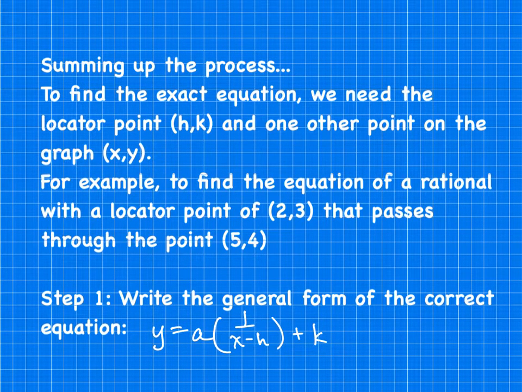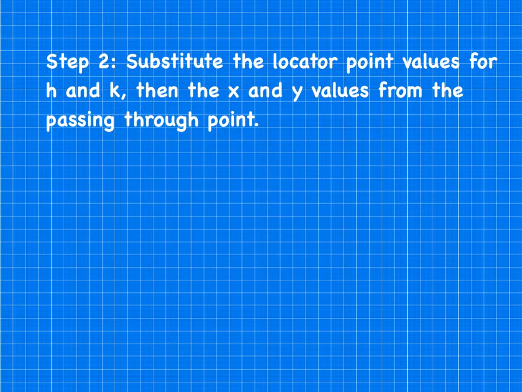Now, keep in mind, we've got a locator point of 2, 3 and a passing through point of 5, 4. That gives us our h and k and our x and y. So we substitute those points into our general equation.